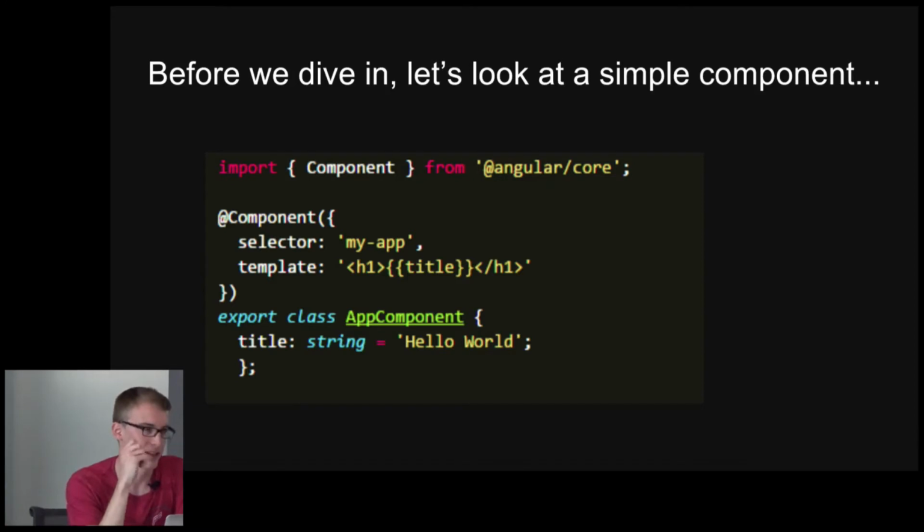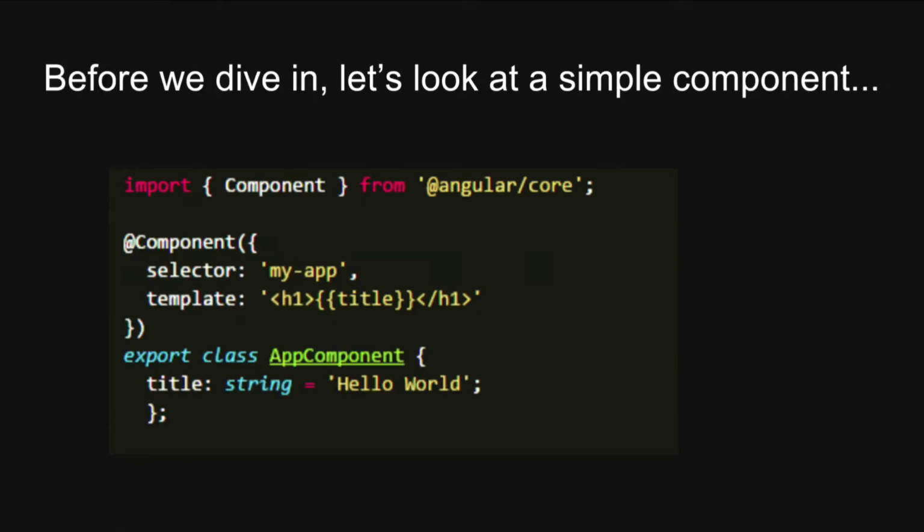All right, cool. So let's get into the meat of this a little bit. This is what a simple component is going to look like. Starting from the top, we have this import statement, and this is a TypeScript import statement. It's basically following the ECMA 2015 import standard.